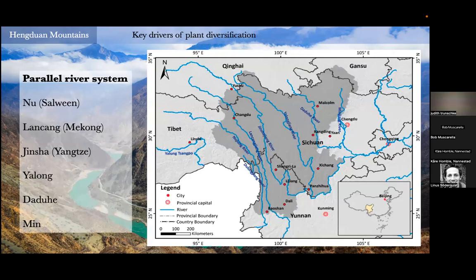Originating in the Himalayan and Tibetan Plateau region, you have this parallel river system from the Nu River, the Lancang River, the Jinsha River, Yalong River, Dadu and Min River. They divide the Hengduan Mountains into different mountain ranges and ridges. So this entire setting between the deep, steep valleys and the mountain ridges is key to plant diversification.